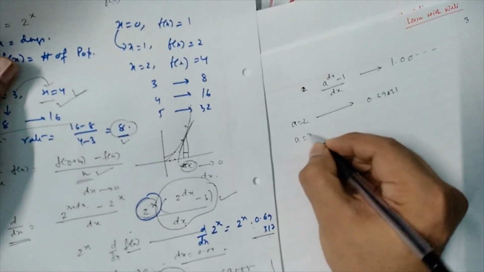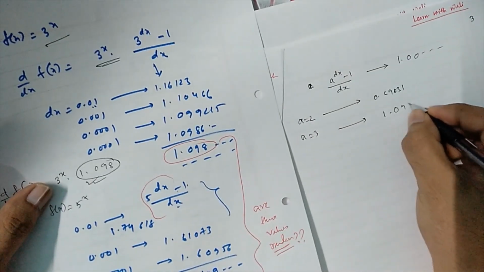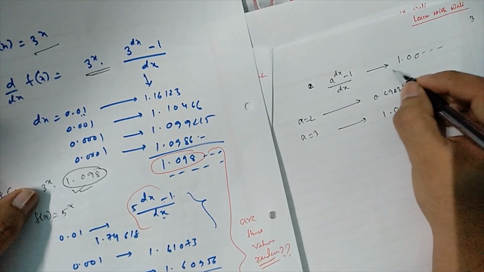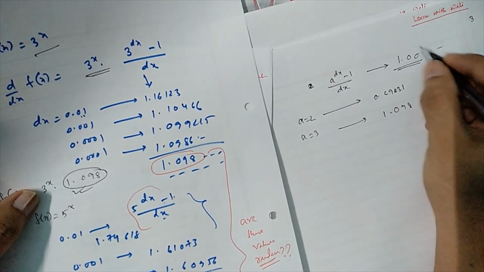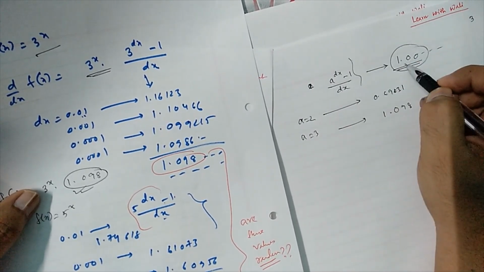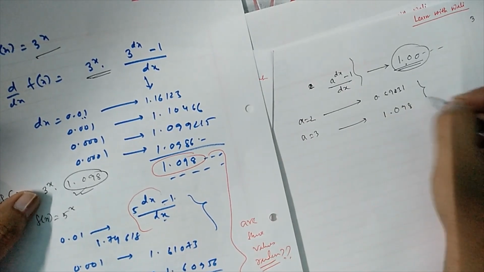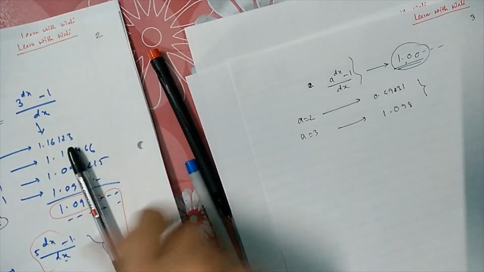For a is equal to 3, it tends to 1.098. That means the value we are trying to find, for which this value will be 1, lies between a is equal to 2 and a is equal to 3.